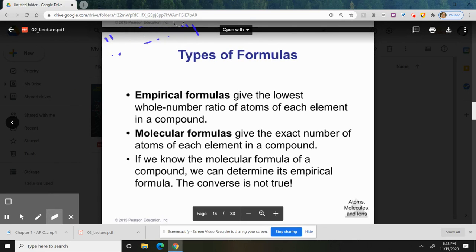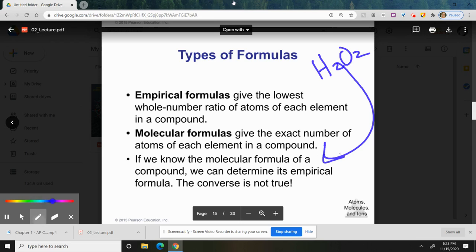So in formulas, right, we have the empirical formula, which is the lowest whole number ratio of the atoms, and the molecular formula, which is the exact formula of a molecule. Previously we've talked about something like hydrogen peroxide, H2O2. That would be the molecular formula for the compound that we know to exist.